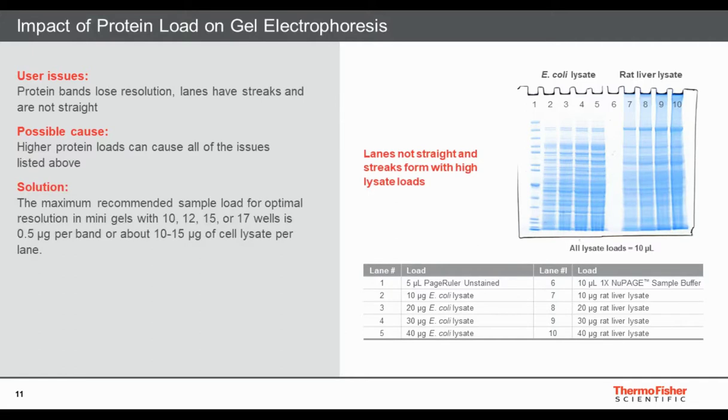But on a cell lysate, because you can have basically hundreds of bands, again, every band should not be more than 0.5 microgram, which is usually the case. So for total protein lysate, whether it be cell or tissue, the limit would be about 10 to 15 microgram per well.